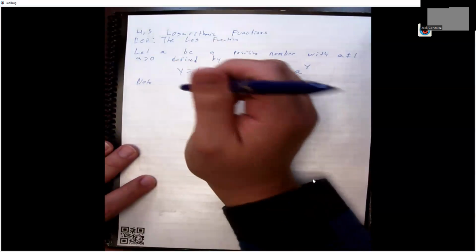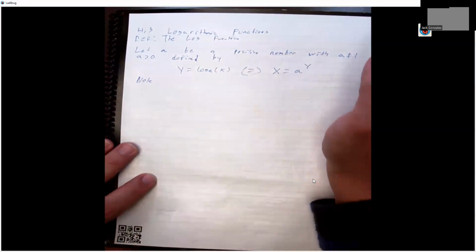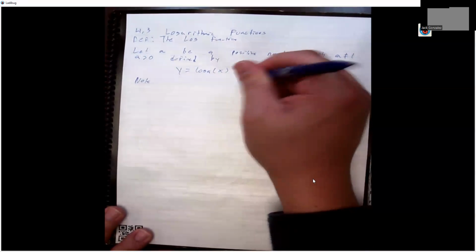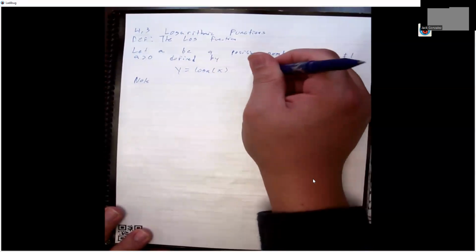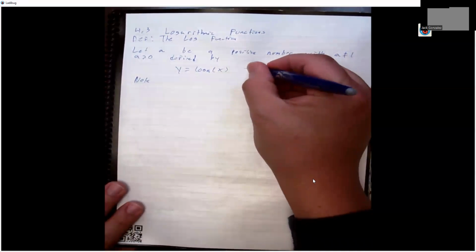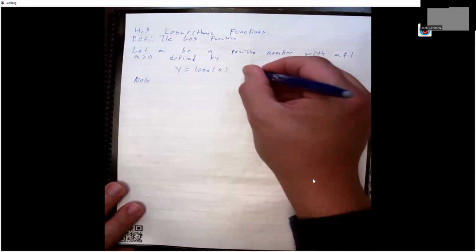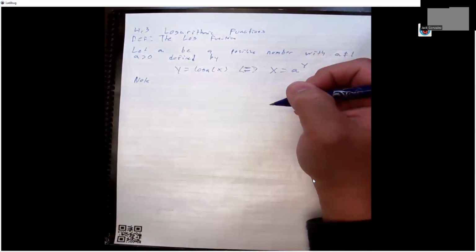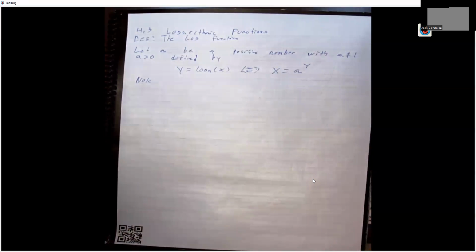Quick note, it's a double arrow, an implication arrow. I just can't draw. I don't know if that's any better. You know what I'm talking about, right? Double-sided arrow.